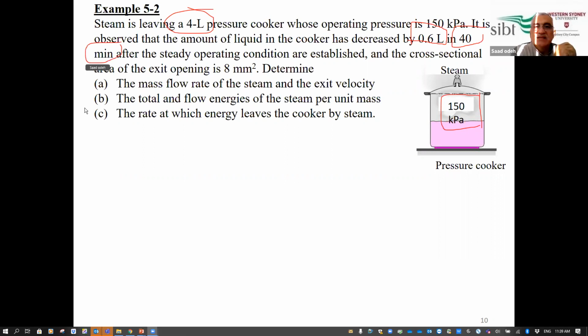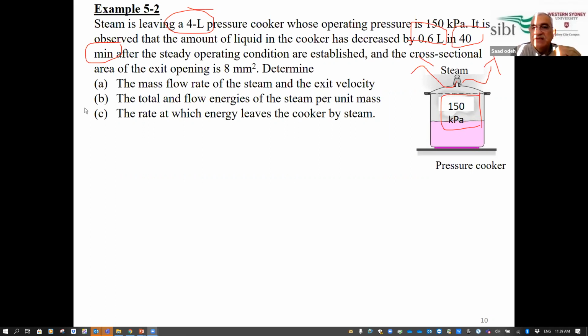So 0.6 liter of the 4 liter has been removed from the liquid, which means that some of the steam is leaving the cooker because of the valve at the top.